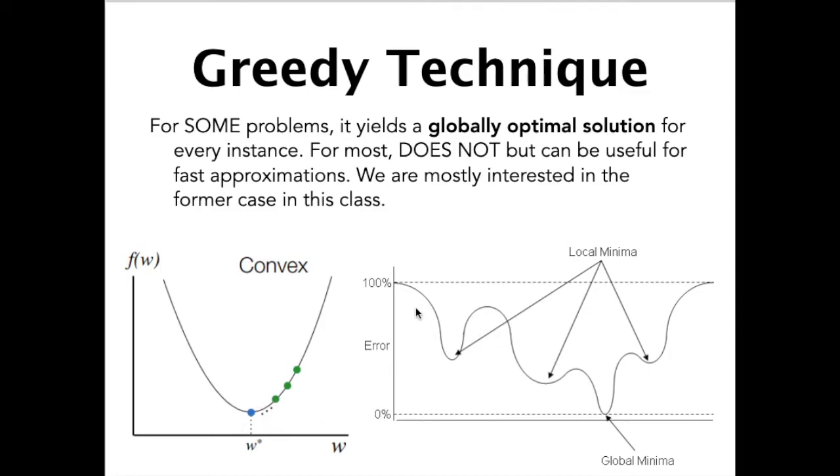However, if you have something like this, this is what the search space looks like, then you can have a local minima and a global minima. For some problems, this greedy technique yields a global optimal solution just like this one. For most, it does not, but it can be useful for fast approximation algorithms. So instead of producing this one as the output, this one is a good enough solution for the problem.